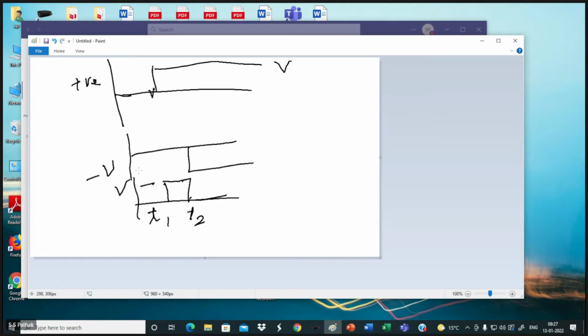Remember, a pulse is always a combination of two unit step functions, positive and negative. Only then you are getting a pulse. Somebody is saying that this is the pulse. Here I am writing like that. Here I am writing like this.